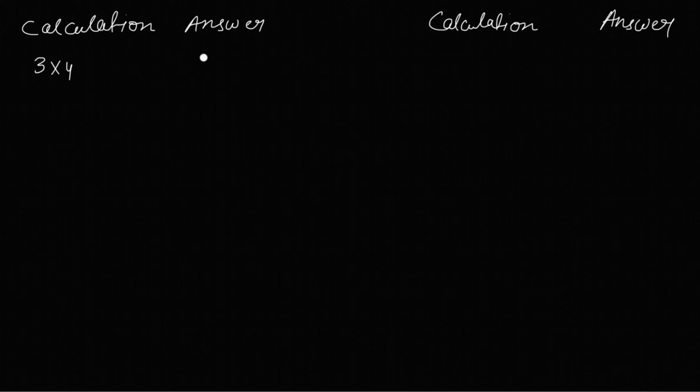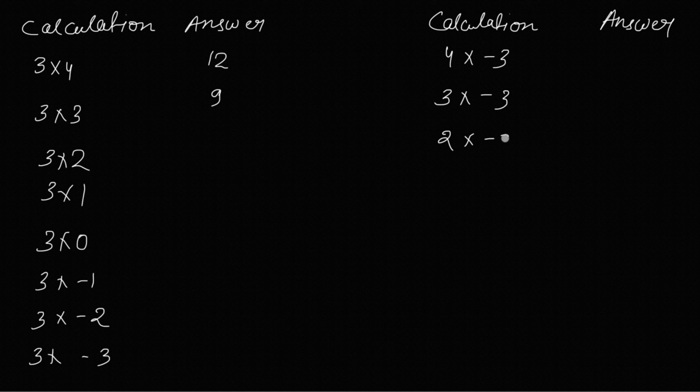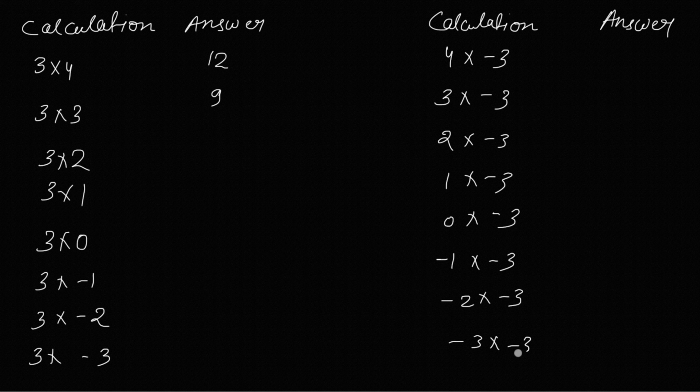3 multiplication 4, it's 12. 3 multiplication 3, 3 multiplication 2, 3 multiplication 1, 0, 3 multiplication minus 1, 3 multiplication minus 2, 3 multiplication minus 3. 12 and 9 are given, and here it's written 4 multiplication minus 3, 3 multiplication minus 3, 2 multiplication minus 3, 1 multiplication minus 3, 0 multiplication minus 3, minus 1 and minus 3, minus 2, minus 3, minus 3 and minus 3.